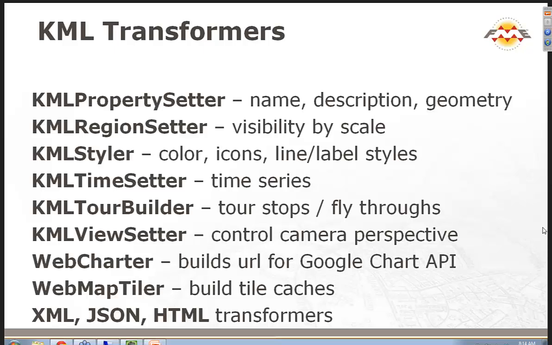Region setter, that's for regionation, so different levels of visibility based on scale. Styling, everything from the points to the lines and polygons and text. And we'll see an example of time series as well in a few minutes. And then the latter ones, we don't have time to go through all of those, but building up fly-throughs, controlling the camera perspective, and that Google Chart API is pretty powerful as well.